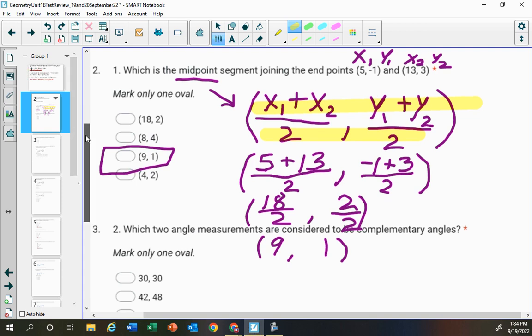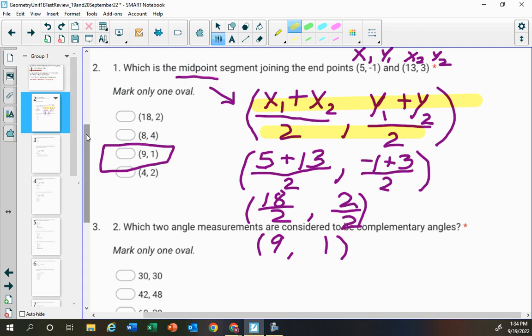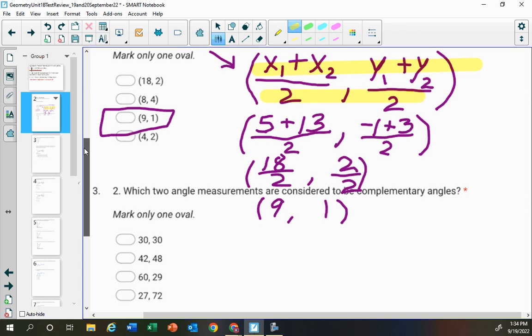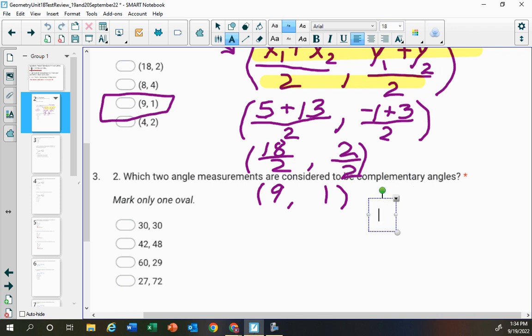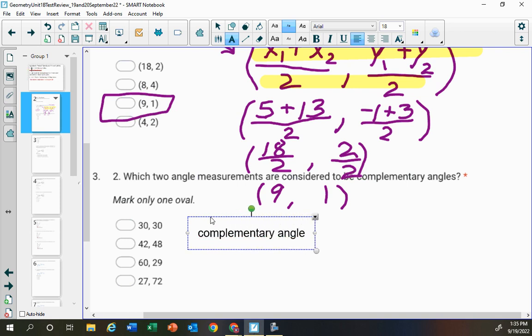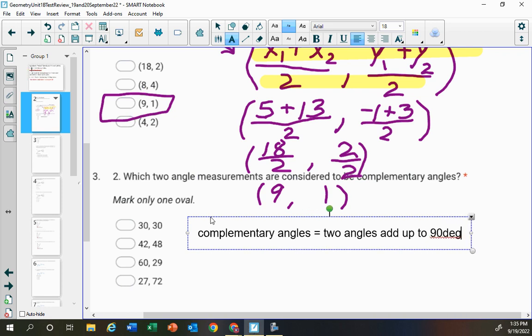Other questions on number 1? All right, number 2, complementary angles. What do we know about the complementary angles? Two angles add up to 90.